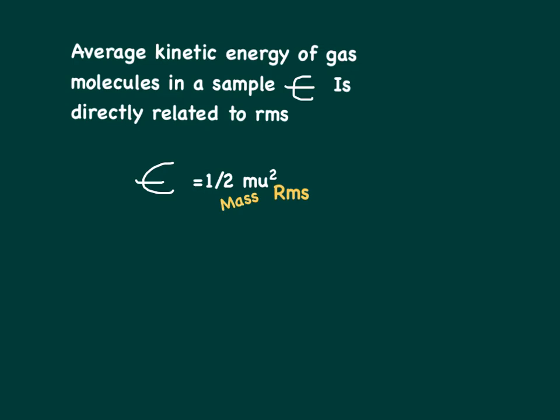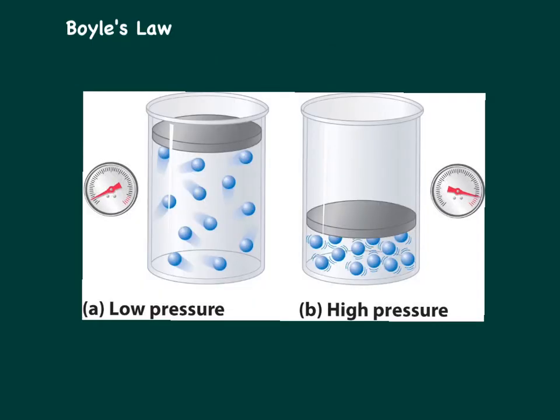So let's apply all of this to the gas laws. Boyle's law looked at the relationship between volume and pressure when temperature is held constant. So if temperature is held constant, then root mean square speed doesn't change. But when we decrease the volume of the gas, the molecules are much closer and they're bumping into each other and they're bumping into the sides of the container, and the more collisions you have, the greater the pressure is going to be.